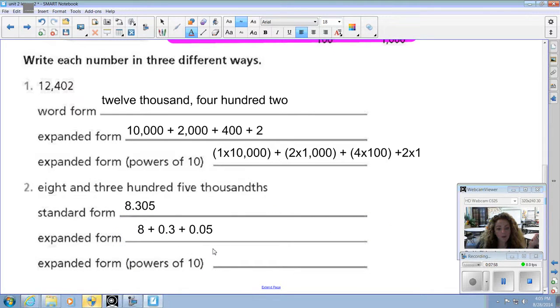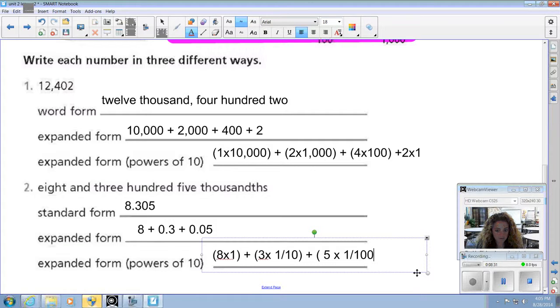Okay, so now on to powers of 10. Whoop, hello. Alrighty, so powers of 10, right? So we would have 8 times 1 in parentheses, plus parentheses 3 times 1/10, okay, plus parentheses 5 times 1/1,000 parentheses, okay, and that would be our expanded powers of 10.